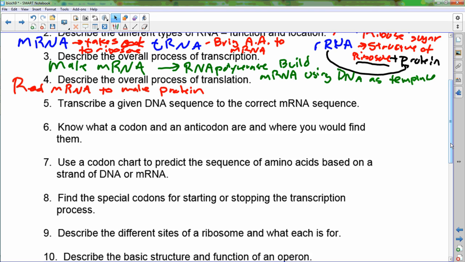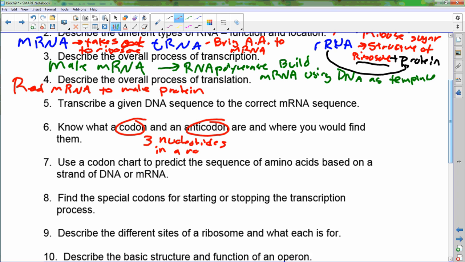Okay. Number 6 says you should know what a codon and an anticodon are and where you would find them. So both of these actually are groups of 3 nucleotides in a row.